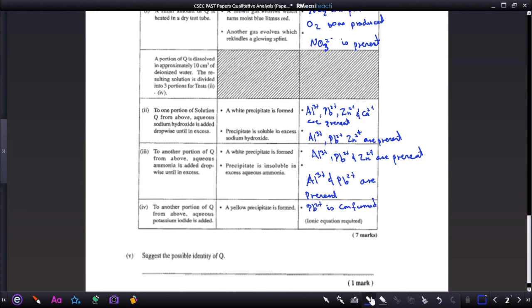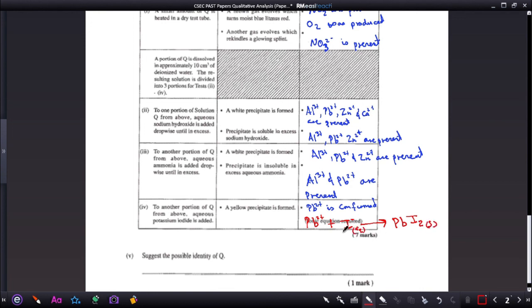And the equation would be lead 2+, Pb2+, plus the iodide ion, since that's what we're interested in, which is the PPT that was formed, to give lead iodide, PbI2, and that's a solid. This is aqueous.